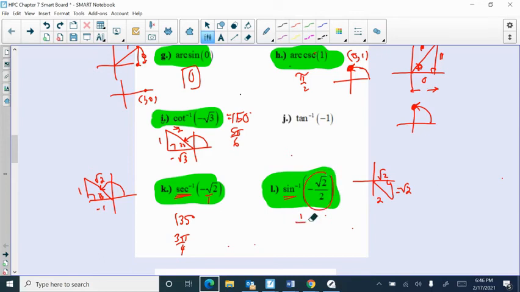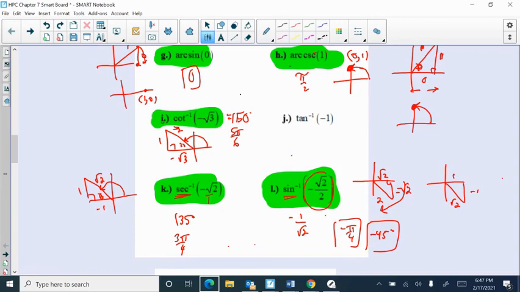Another way to represent that is -1/√2. That's the same triangle, right? Hopefully you recognize when you have that √2 in there, negative 1 to root 2, same triangle, that's a 45, 45, 90 triangle. But because we're down in quadrant 4, it's a negative 45 degrees. So we could say negative pi over 4 or negative 45 degrees.